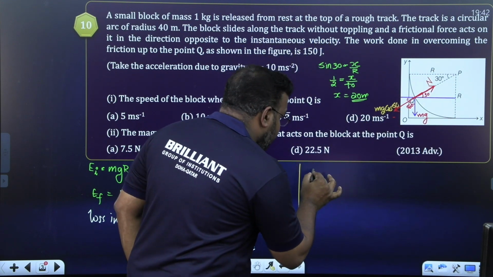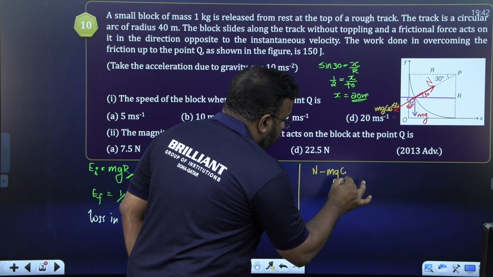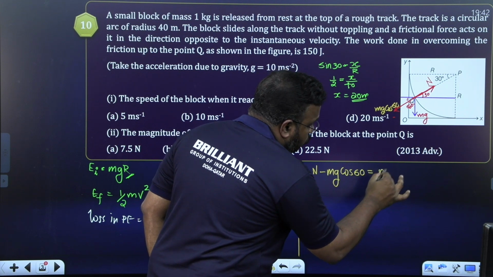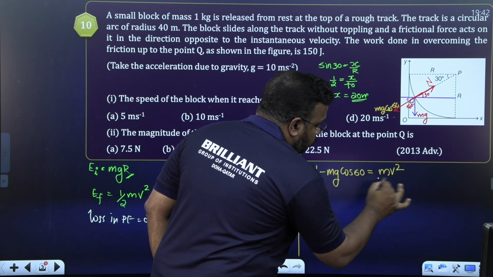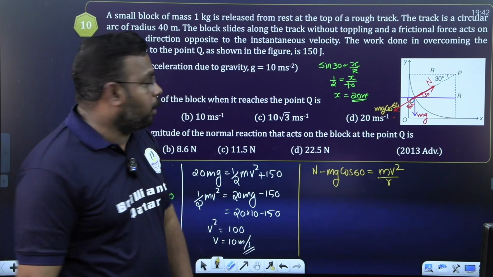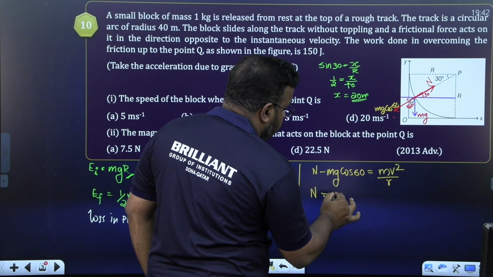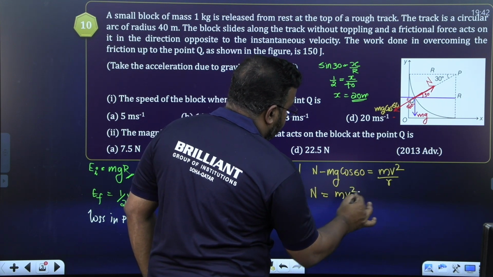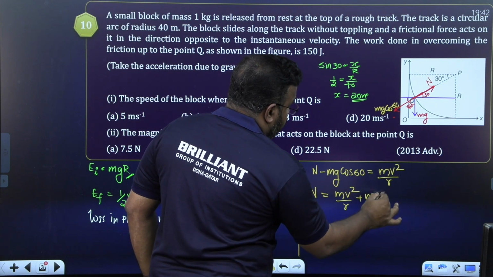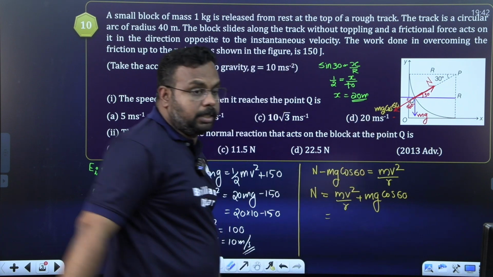All of you know that the formula for centripetal force is mv square by r. Now we can substitute; we need N only, so N is equal to mv square by r plus mg cos 60.